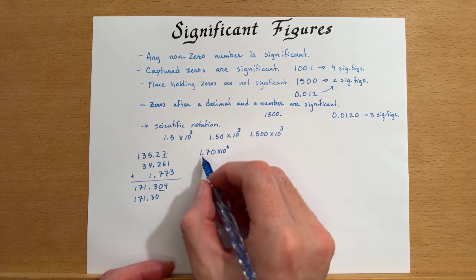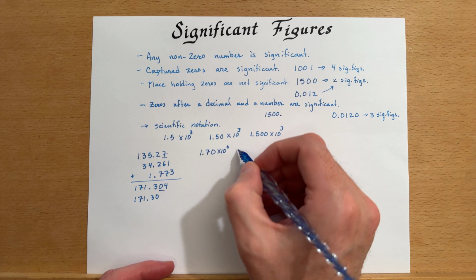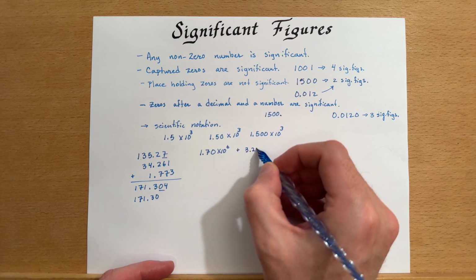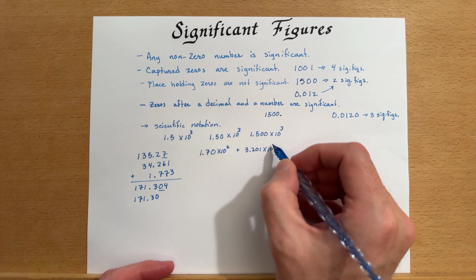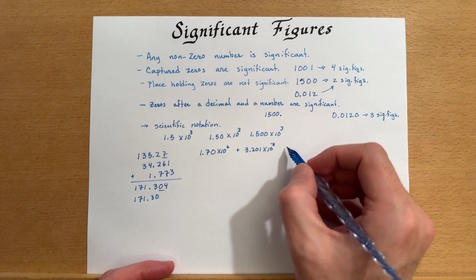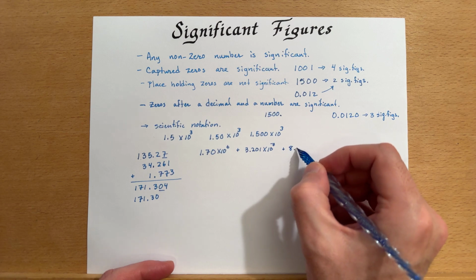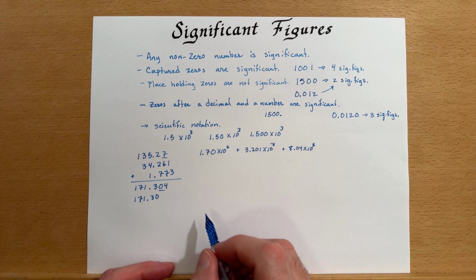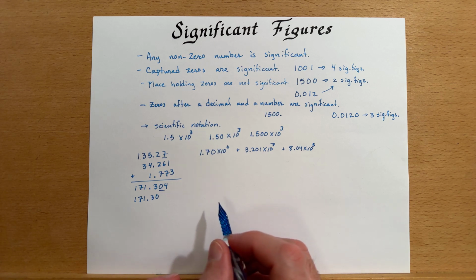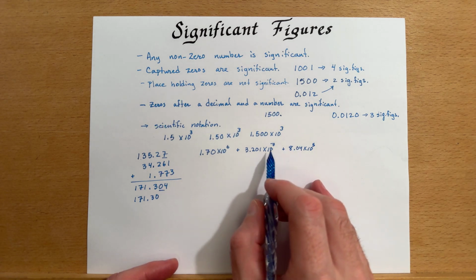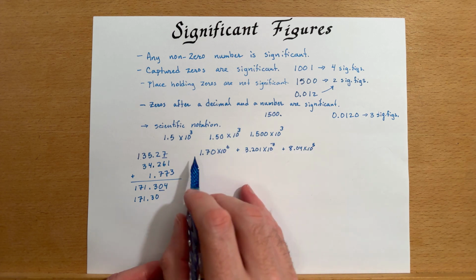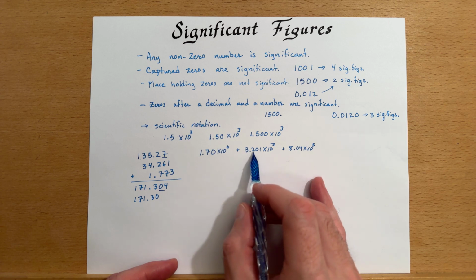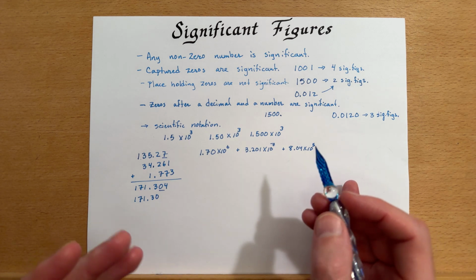So if I were to add 1.70 times 10 to the 6th plus 3.201 times 10 to the 7th plus 8.04 times 10 to the 5th, then I have an interesting problem because not all of these have the same exponent, so I cannot say that this 7 is in the same position as that 2 because, well, it's not.